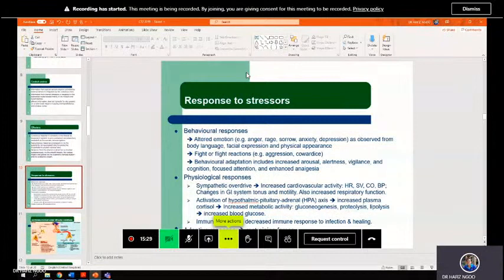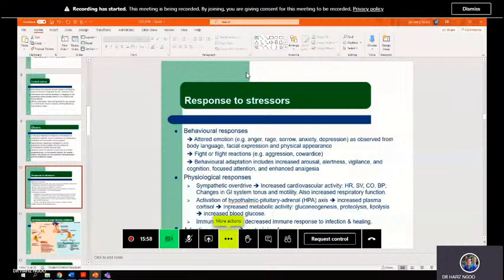So for physiological response, we look at sympathetic overdrive. For behavioral response, we look at altered emotion, fight and flight reaction, and behavior adaptation. So for physical response, sympathetic will be activated, and then you have changes in heart rate, stroke volume, cardiac output, blood pressure, and also changes in the GIT tone and motility.